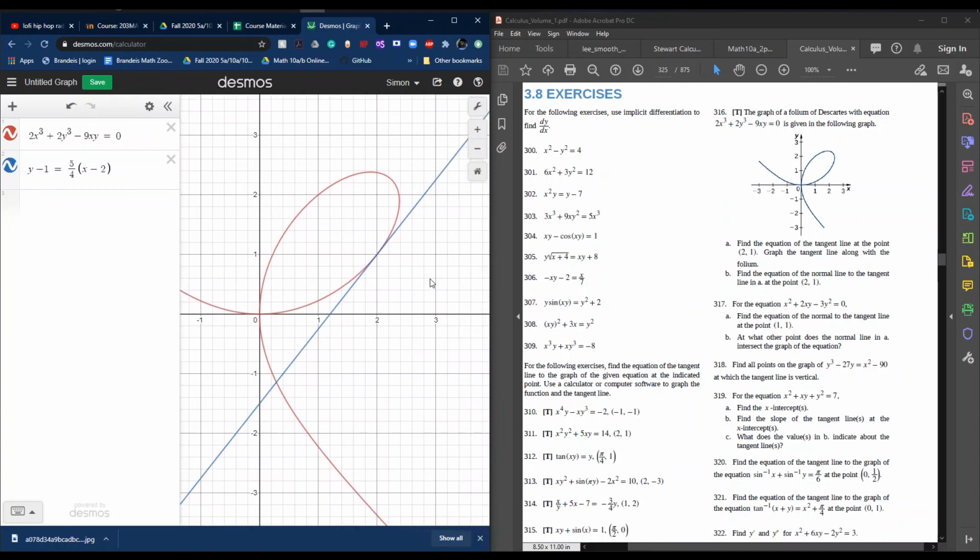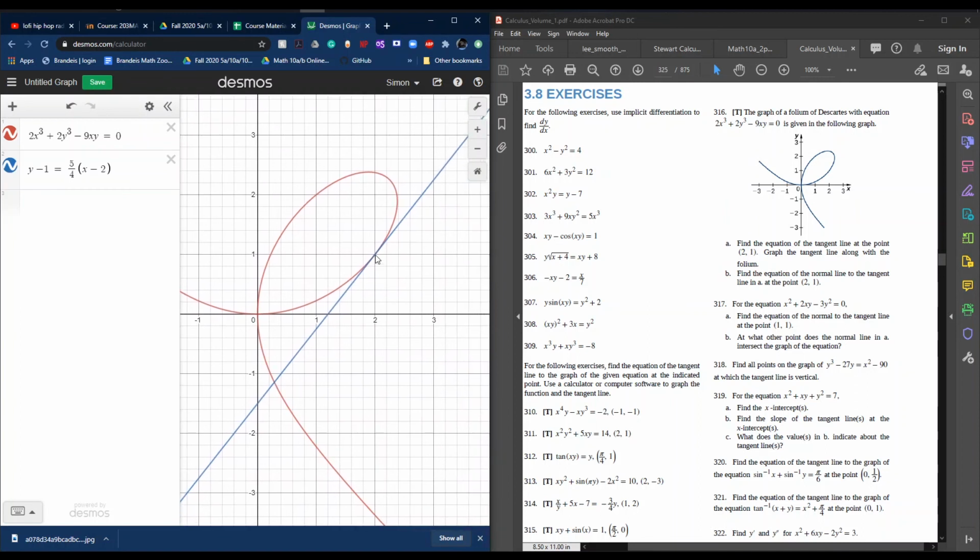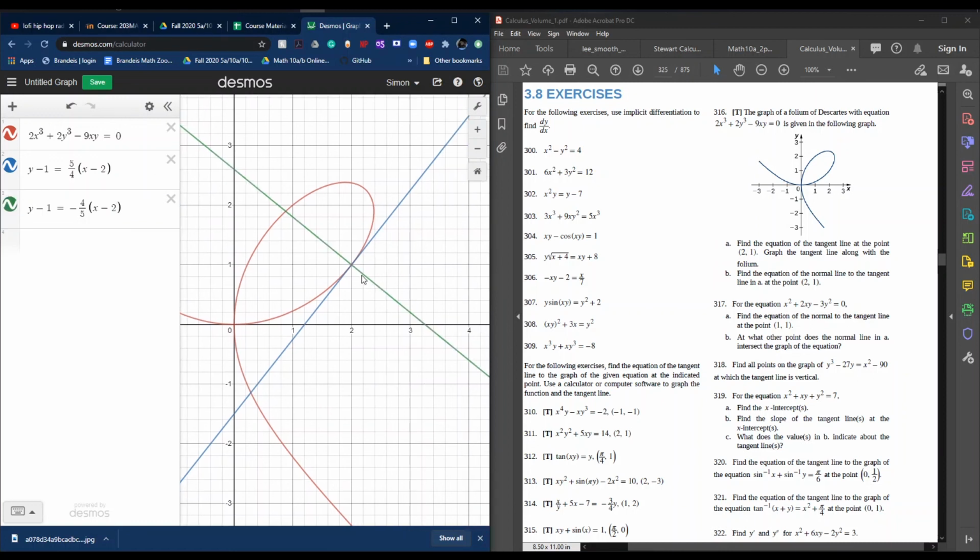And we see that this is the tangent line at the point 2, 1 on this graph. How about the normal line? That would be y minus 1 is equal to negative 4 over 5 of x minus 2. And we see clearly this normal line is perpendicular to the tangent line at the point 2, 1.